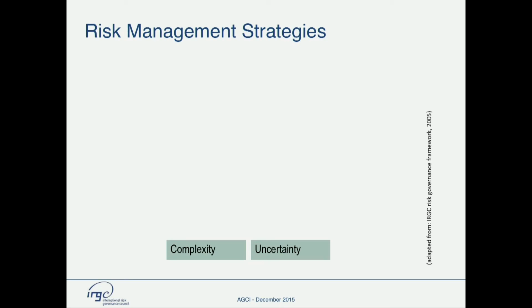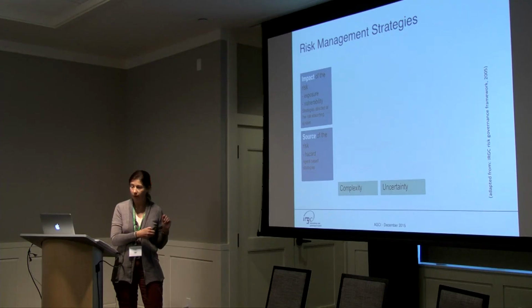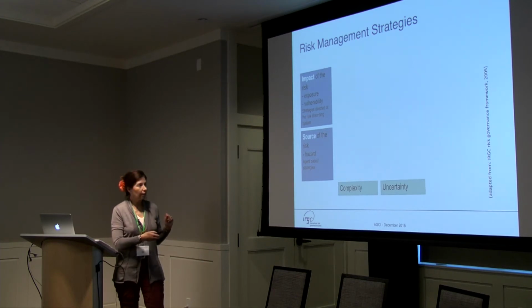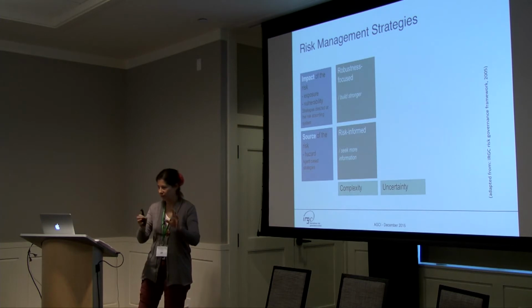So, going back to complexity and uncertainty, we have two ways to look at the risk. First, we look at the source of the risk: hazard, agent-based strategies. And second, we look at the impact of the risk, and this is where we have vulnerability. You will guess I will come with four boxes.